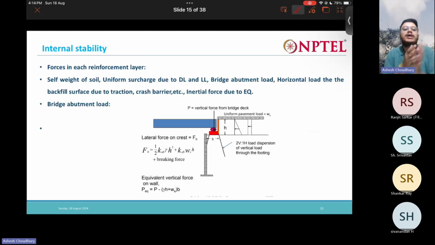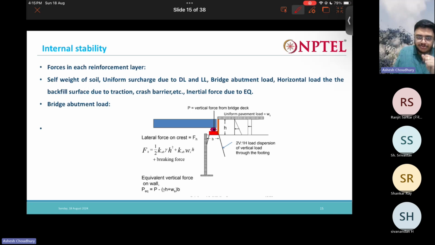Before we go to the internal stability calculation, we are just seeing what are the loads that are actually acting on a reinforcement layer. We have to put reinforcement at various layers. So what are the various loads that are actually coming at a reinforcement layer? Those different types of loads we are discussing now.